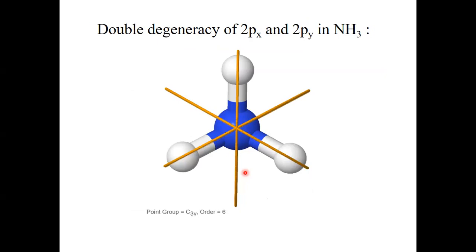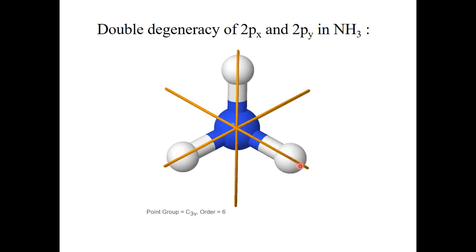To apply that trick, we should first reorient the ammonia molecule. So we look at it now from the bird's perspective. And we know that the ammonia molecule contains three vertical mirror planes. This one here goes through this NH bond, this one here goes through that NH bond, and the third one goes through this NH bond here.